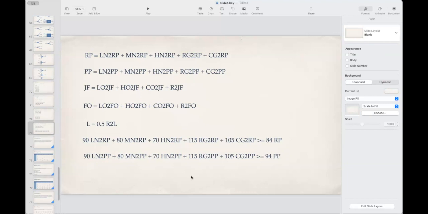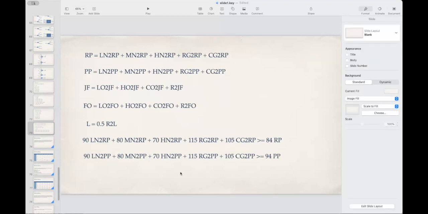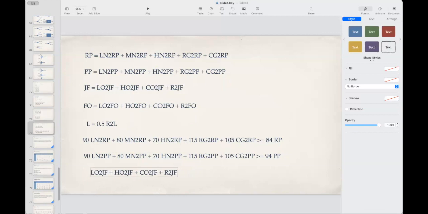The next one is jet fuel. Jet fuel, we have to consider the vapor pressure, right? Okay, the vapor pressure must be, I cannot remember. Yeah, just tell me the vapor pressure of each component.